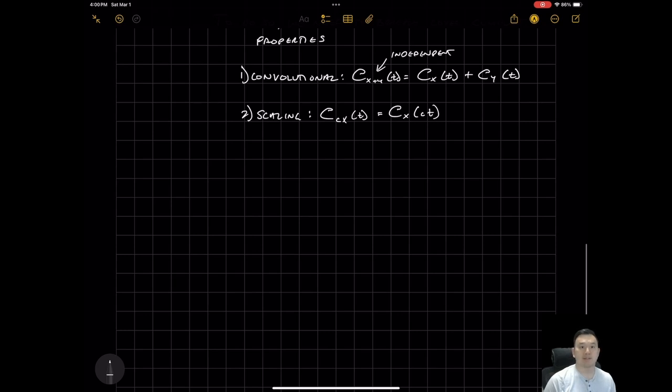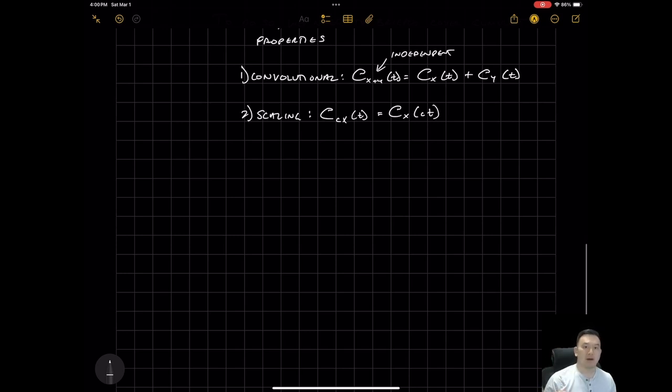The second property that's important to us is scaling, which states that the cumulant generating function of a random variable multiplied by some constant is just the cumulant generating function of that random variable evaluated at the product of that constant and t.